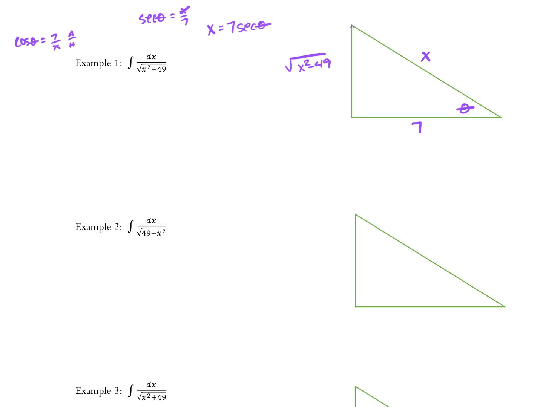D theta, because we're going to integrate with respect to theta and then resubstitute back. So how do I get that? I take the derivative. What is the derivative of 7 secant theta? 7 secant theta tangent theta d theta.